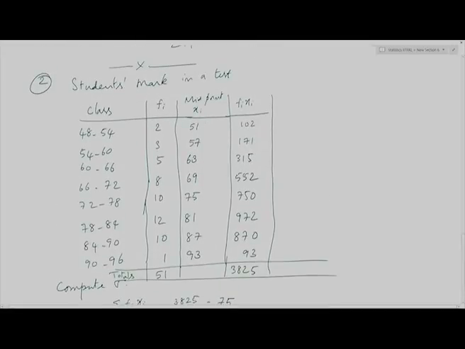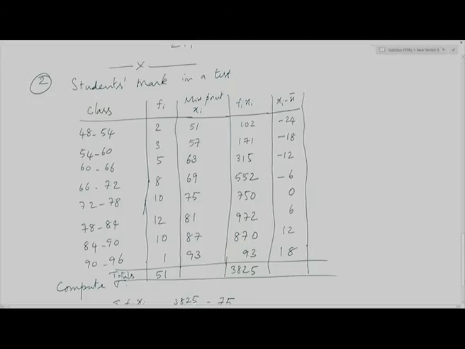So, let us compute xi minus x bar, the deviation, which will have both negative and positive values. X bar is 75, remember. So, the values are minus 24, minus 18, minus 12, minus 6, 0, 6, 12 and 18.